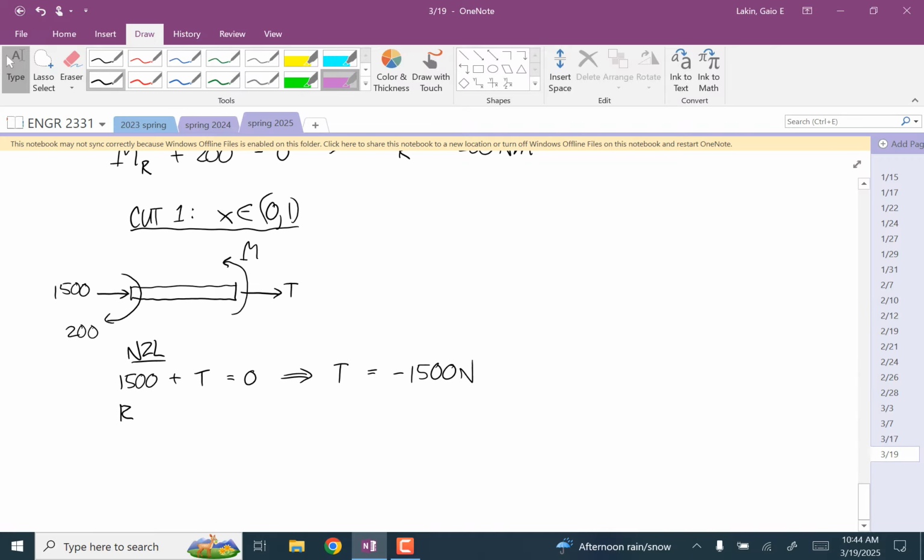And then the moment equation about the z-axis, we have negative 200 plus M is equal to 0. So M is equal to positive 200 Newton meters.